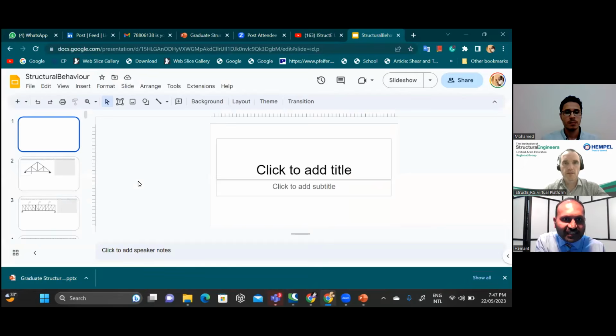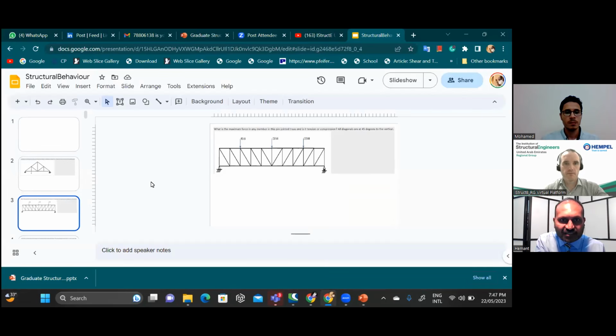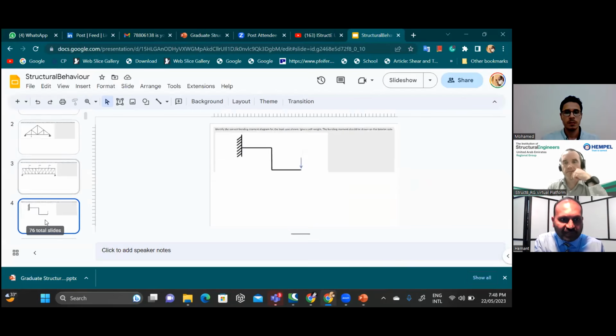I will share my screen to show one case where a candidate is asked to calculate force in a particular bracing. So we can just calculate the reaction and then directly calculate the force in a bracing member.